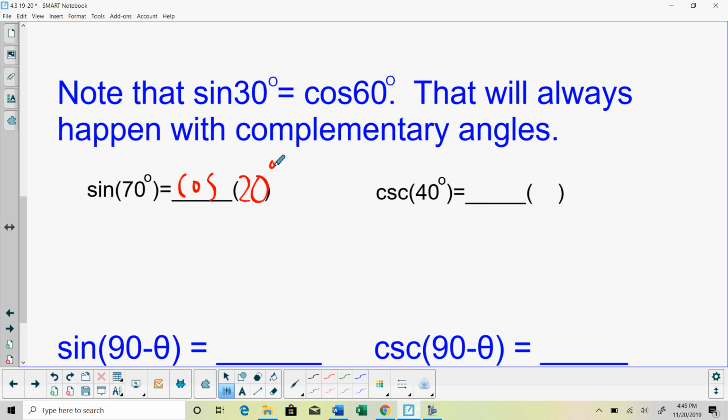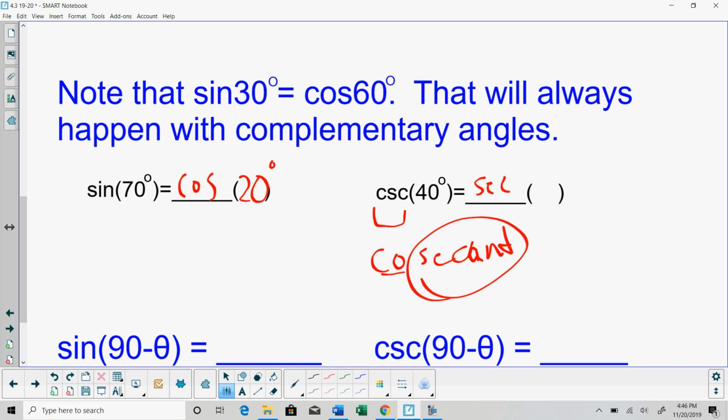How about the cosecant of 40, for example? Well, the co-function of cosecant would just be secant. So this, I want secant of, and now instead of 40, I need the complement of 40, which would be 50 degrees. So the cosecant of 40 degrees is equal to the secant of 50 degrees.